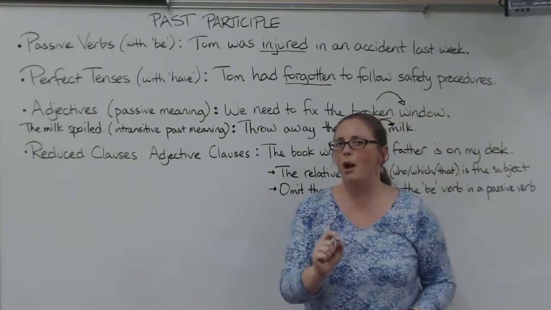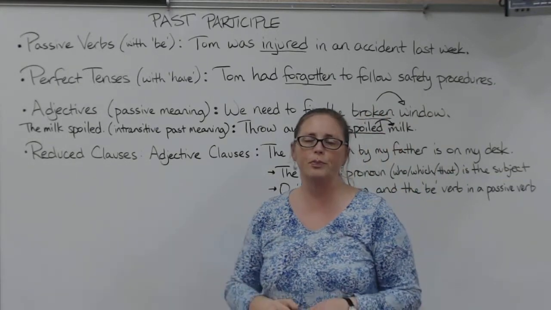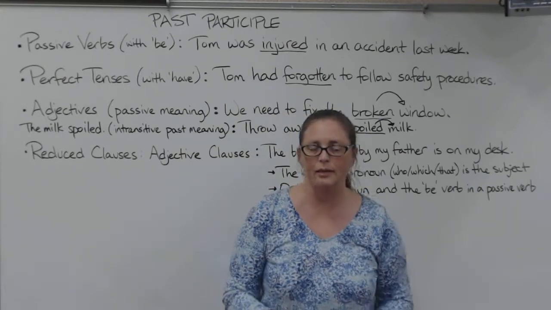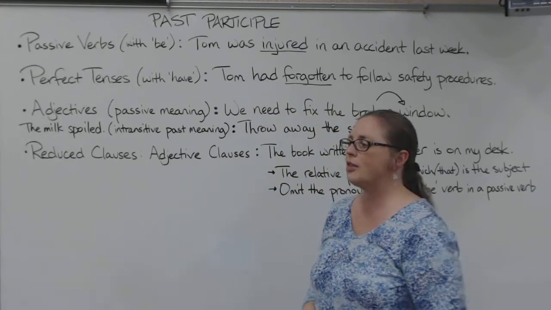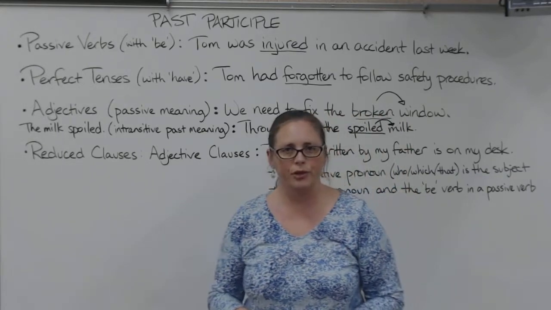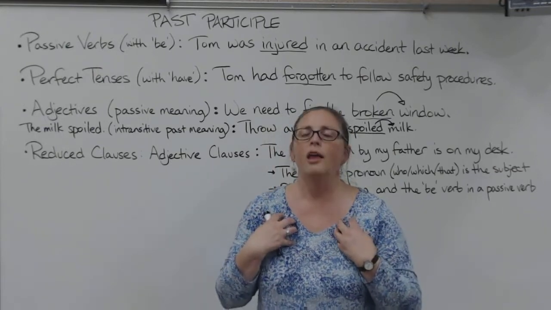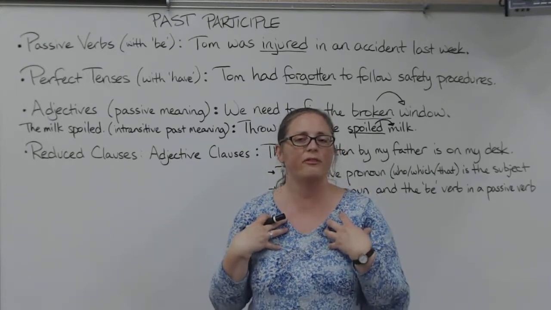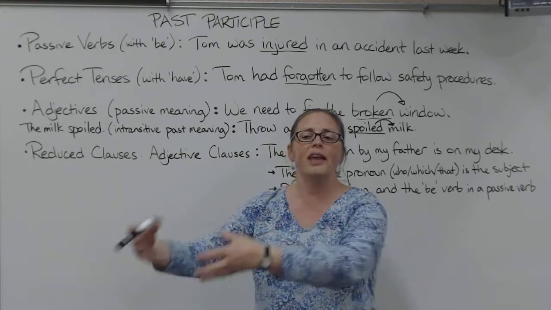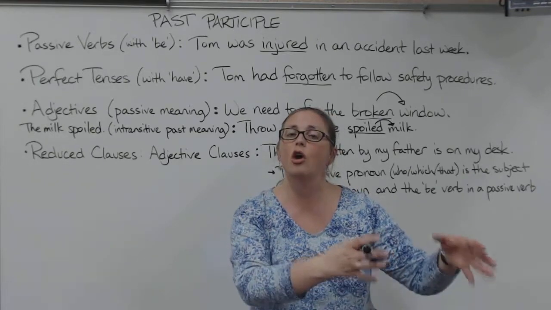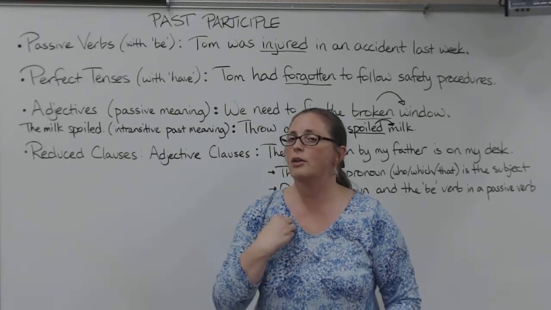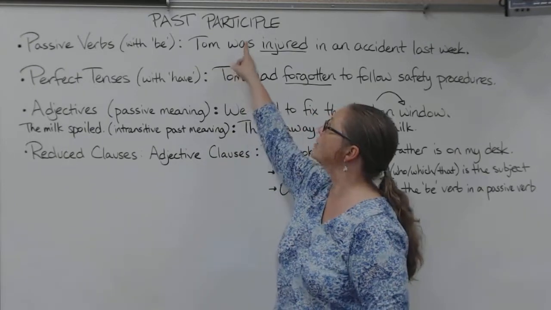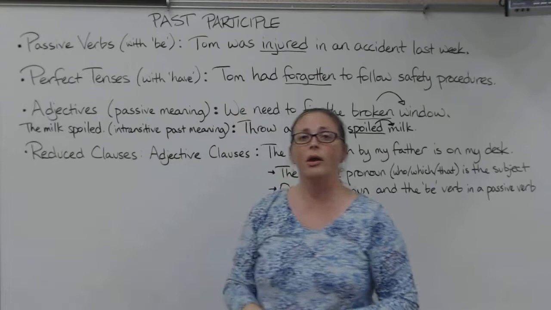This is especially problematic when you're talking about verbs of emotion, verbs of feeling, interesting, interested. What you want to remember is that generally when you're talking about a person, the person is receiving the emotion or the feeling that something else or someone else is causing. So generally when you're talking about a person, you're usually going to be using the past participle for the passive meaning.